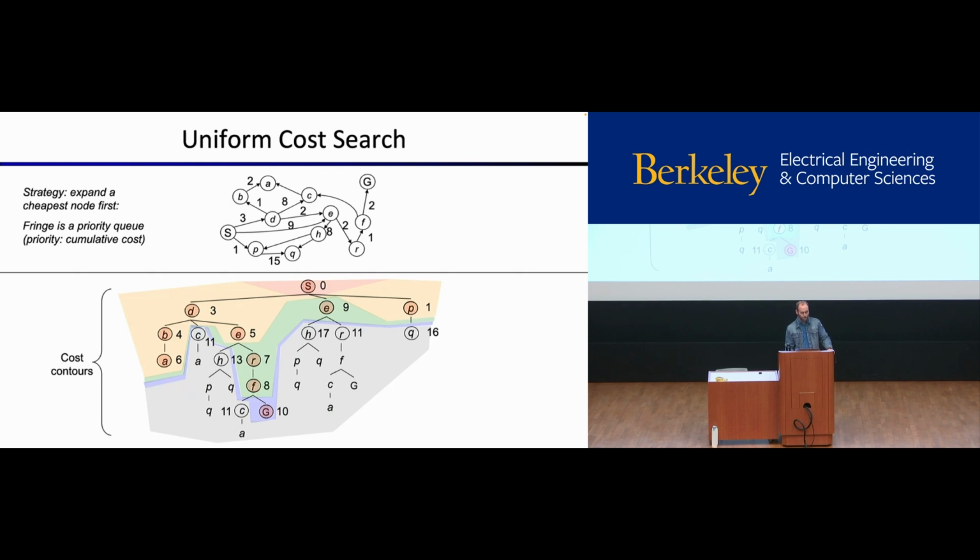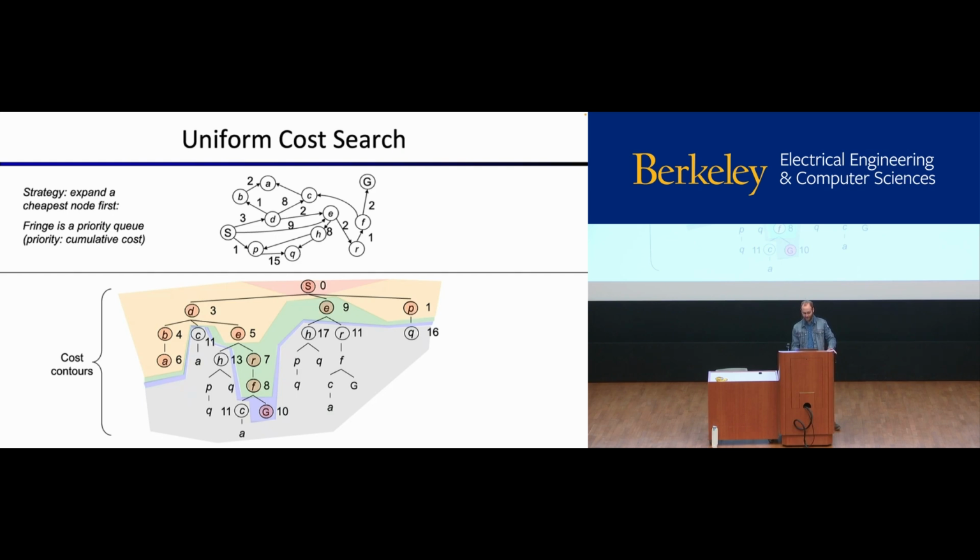So you can picture this. I don't know if you remember from before the tiers, where each tier was a color, and then you go through the whole tier before you go to the next one. You can draw a similar picture where instead of flat tiers, they are tiers of constant cost contour. So you do all the red first, then the yellow, then the green, then the blue.